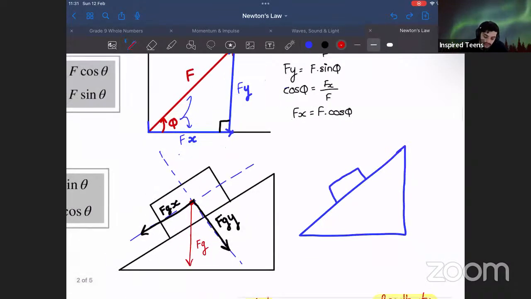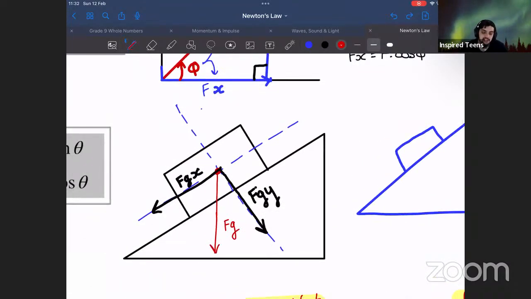Okay, so we are doing the exact same thing here. It's just that now our axes are not how they normally are. Our vertical and our horizontal axes are also now diagonal, technically. The reason for that is because of the direction of the slope. The slope is at an angle. The slope is at an incline.